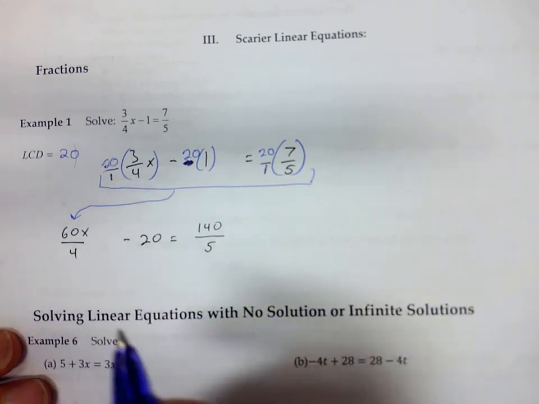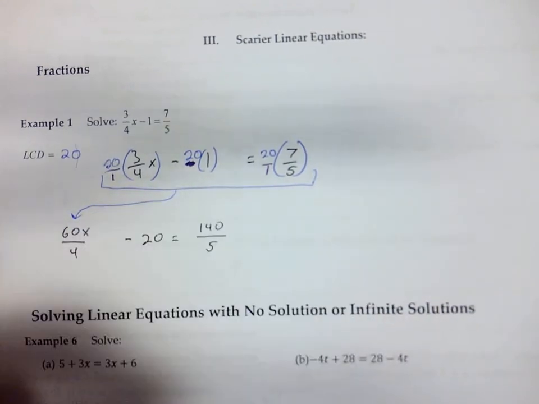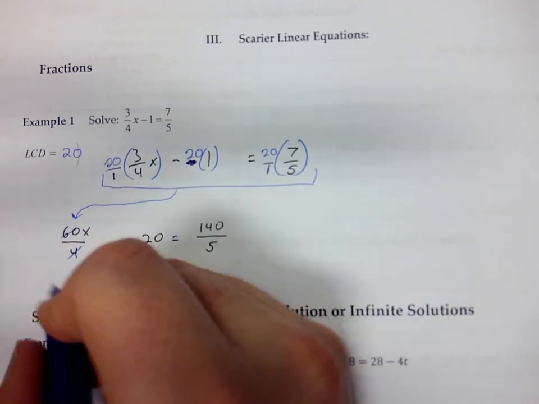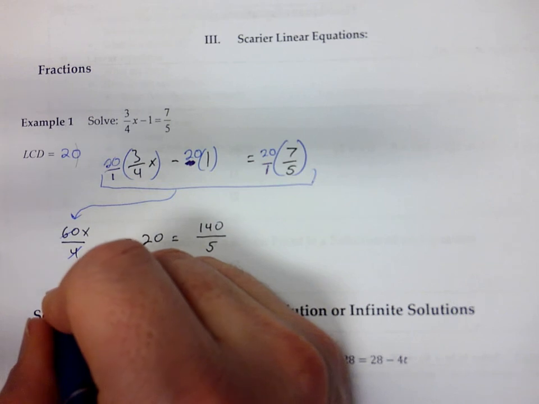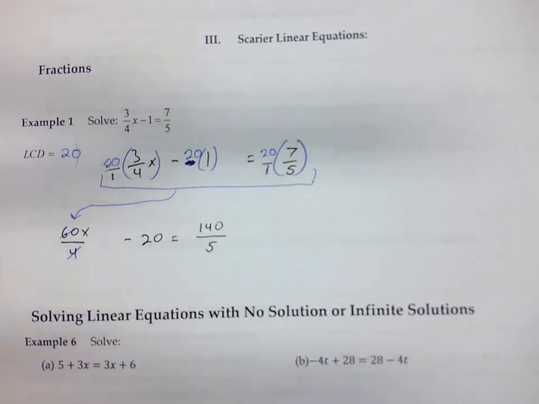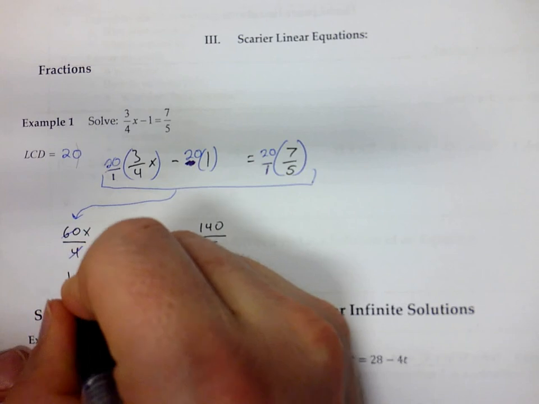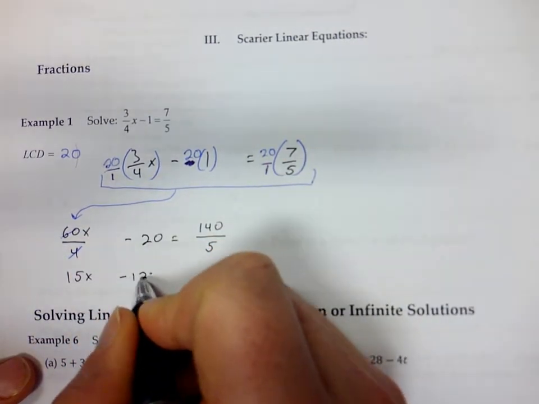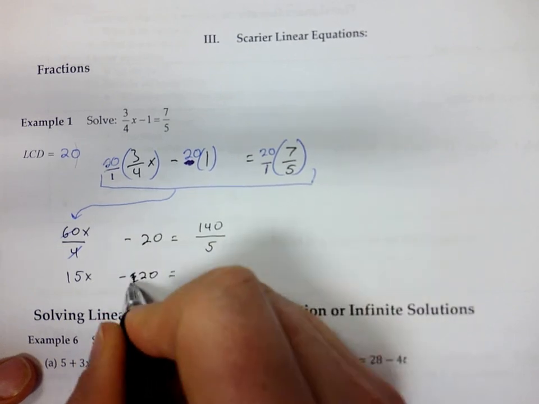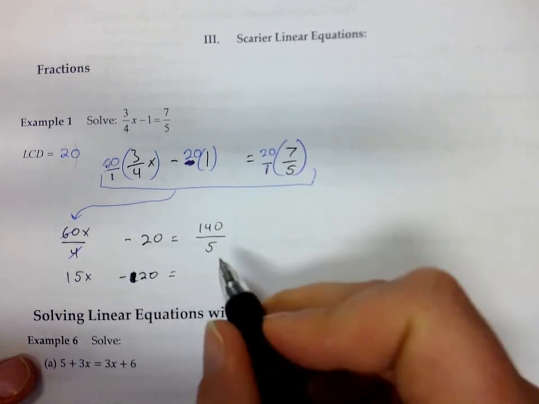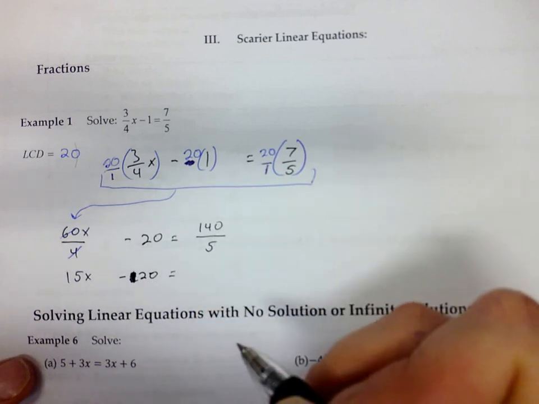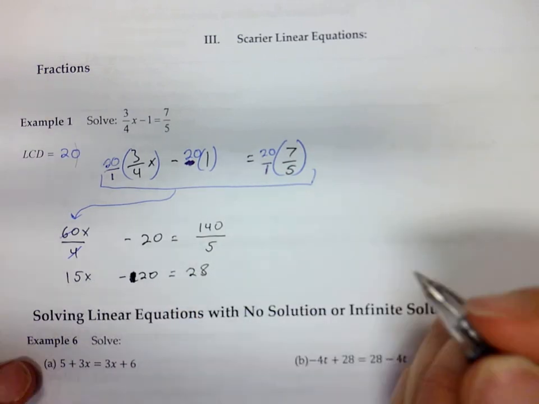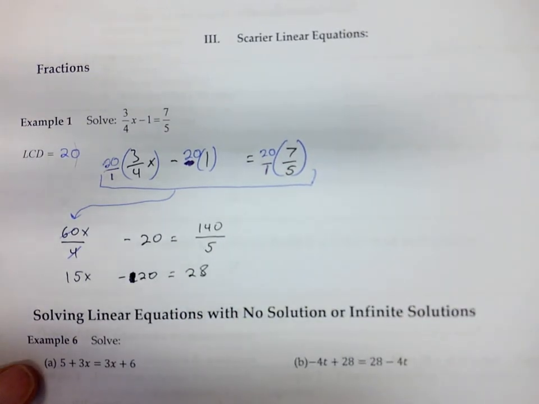I can do 60 divided by 4, and I get, gosh, what is that, 15? 20, there's nothing to do there, except write it correctly. And then 5 goes into 140 a bunch of times. Let's see, 28. Okay. And now we've got a much simpler linear equation which you could solve as usual.